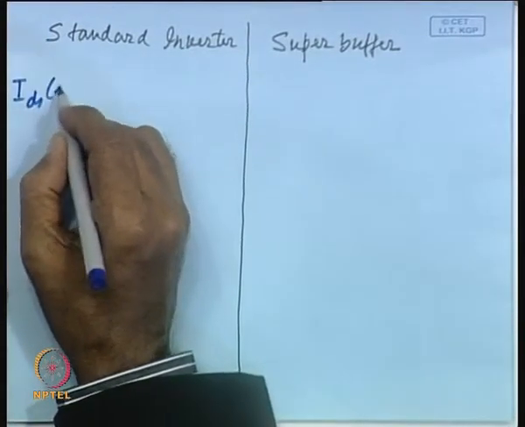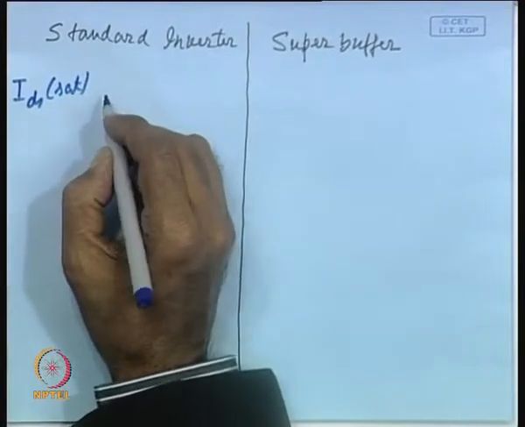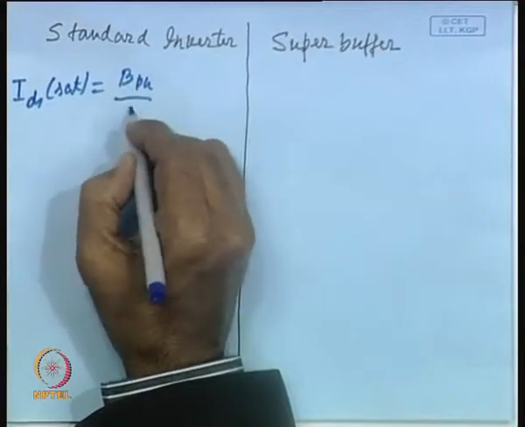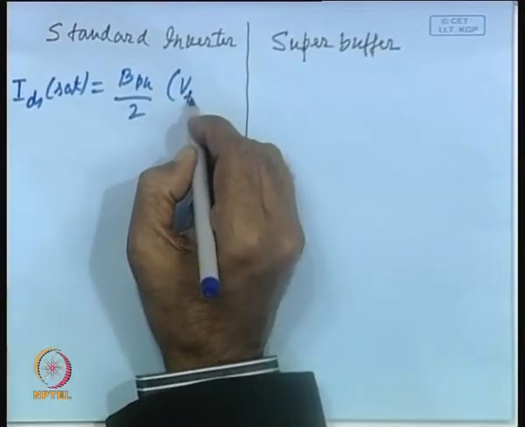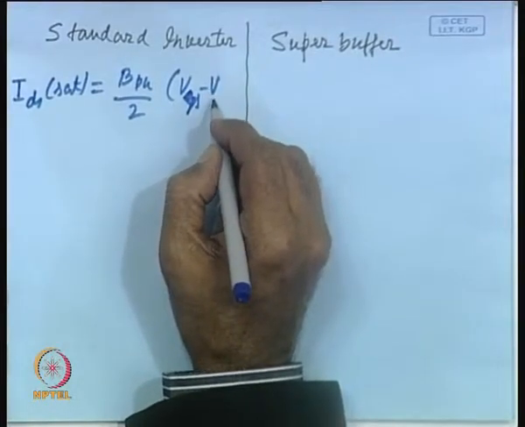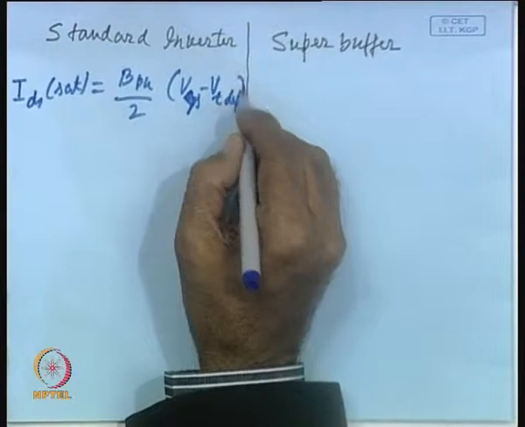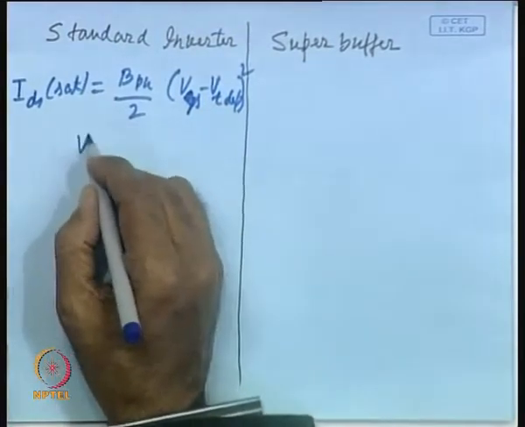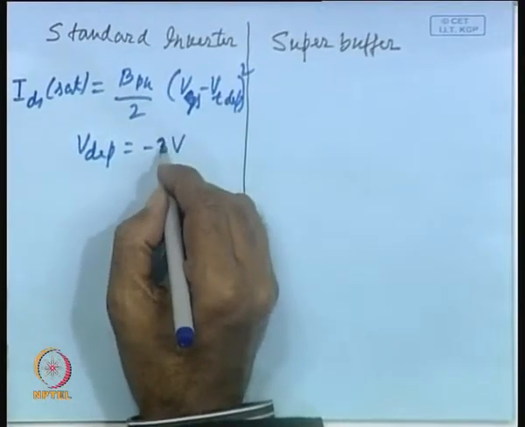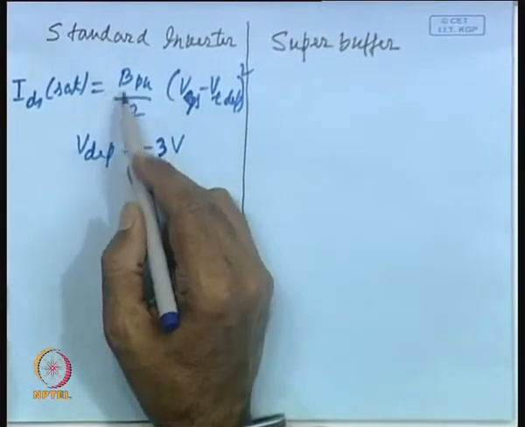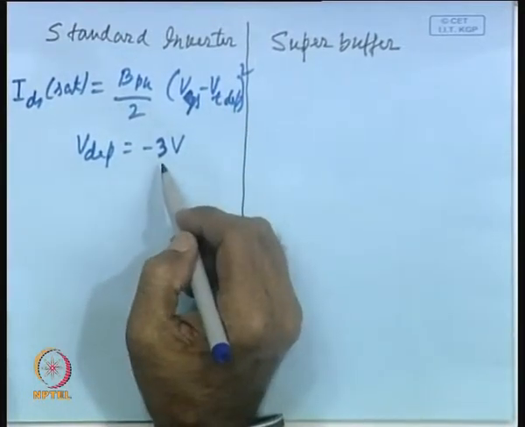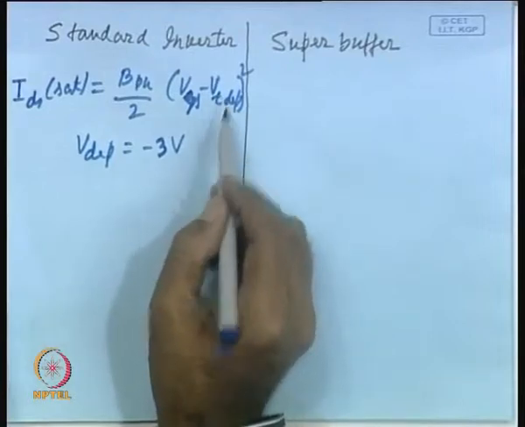So, first of all, as you know, I ds saturation is equal to beta pull up by 2 into V gs minus V T dep, where V T dep is roughly about minus 3 volt. You know, this depletion type transistor will turn off when you apply minus 3 volt. That is why this is the voltage.